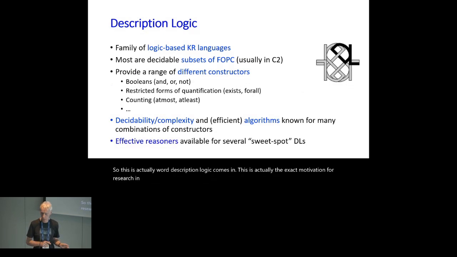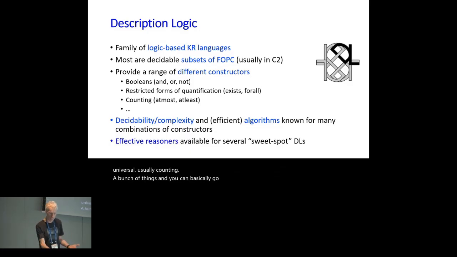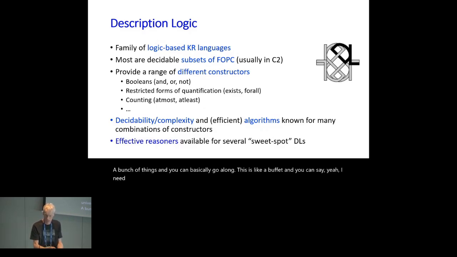It's a family of KR languages. They're mostly subsets of first order logic, not always, but mostly. And basically the way it works is that you have a whole bunch of different constructors like and, or, not, some kind of restricted existential and universal, usually counting, a bunch of things. And you can basically go along, this is like a buffet, and you can say, oh yeah, I need and, no, I don't need or, I won't have that, I'll have a bit of existential, thank you.